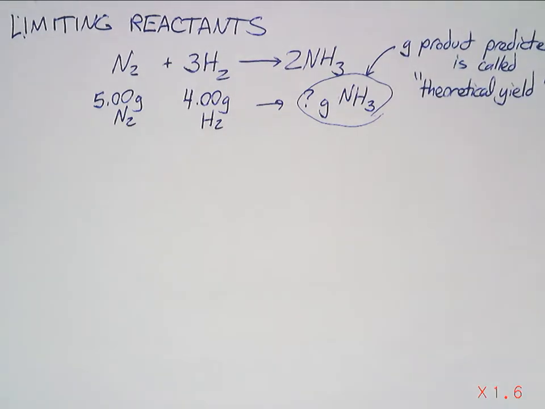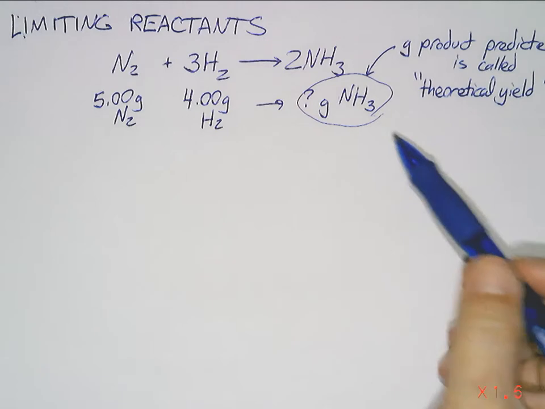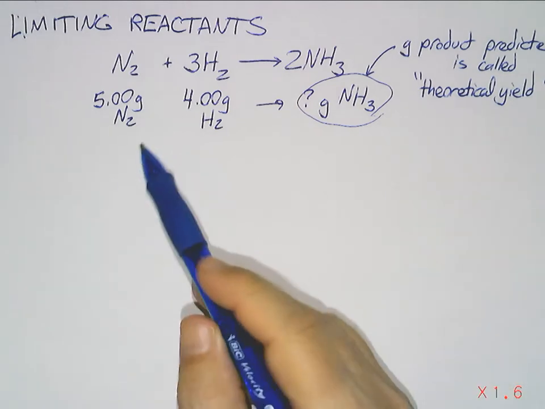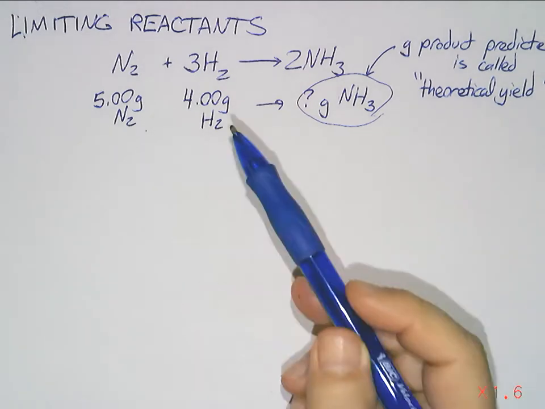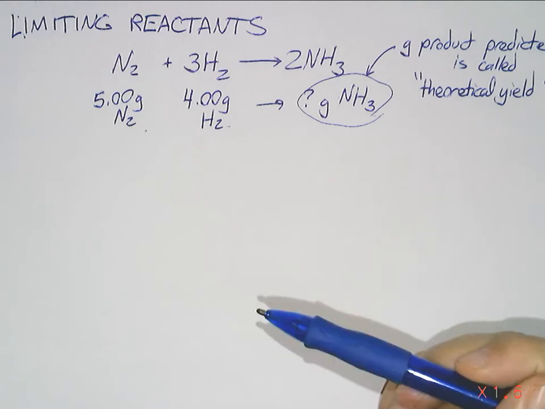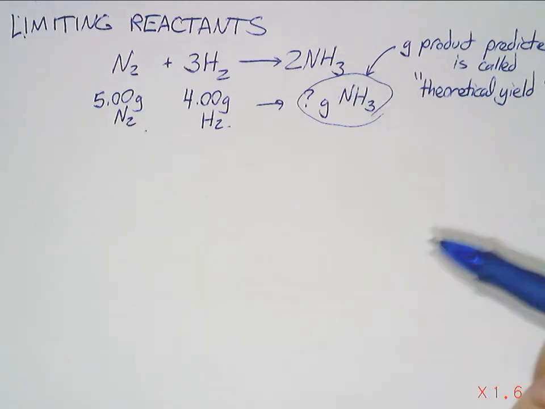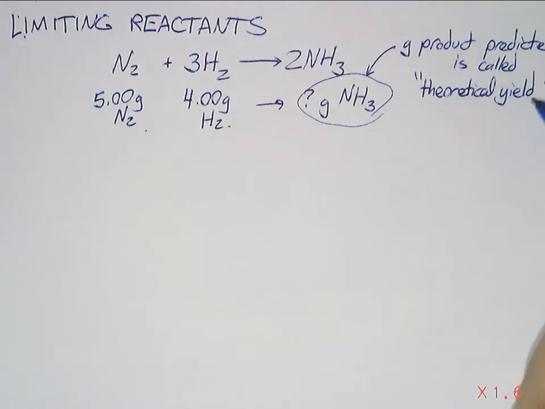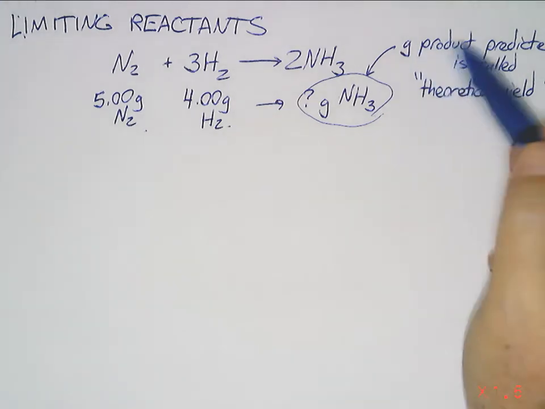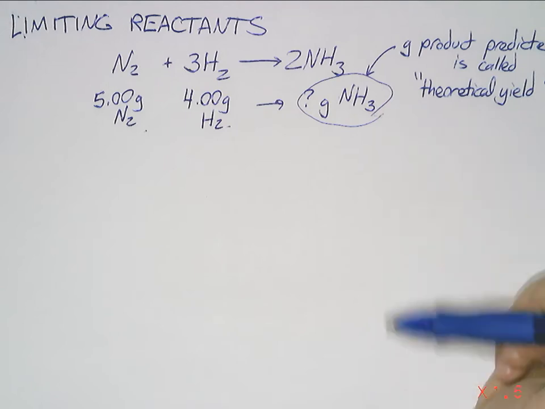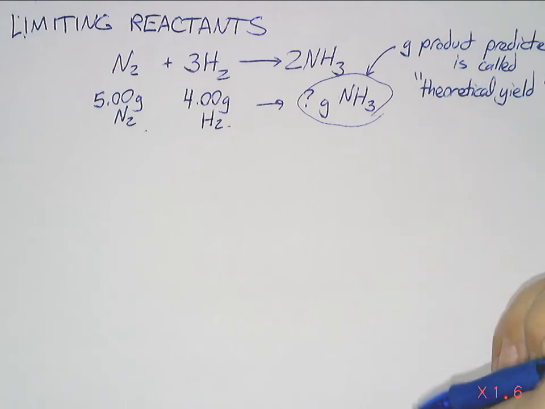So there's some vocabulary for you. If they're asking you to do a problem like this, they might say, you have 5 grams of N2 and 4 grams of H2. What's the theoretical yield in this reaction? And when they say theoretical yield, translate that into grams of product. And the product here is ammonia.